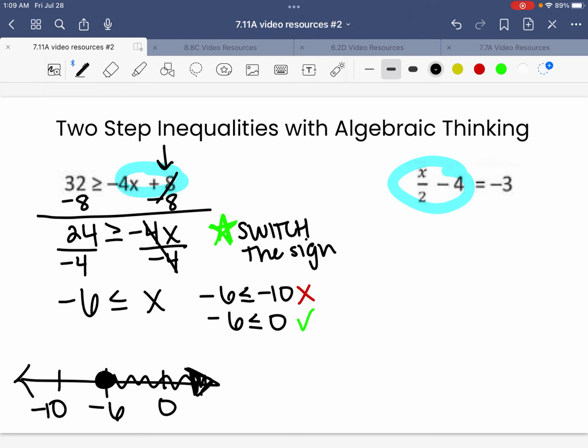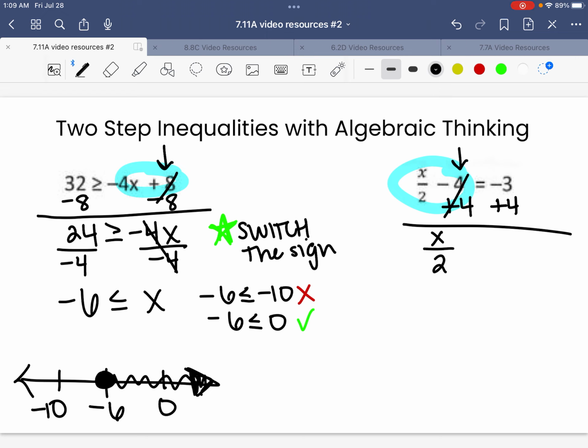I'm going to take a look at the constant of negative 4, and I want to create zero pairs. So to create a zero pair with negative 4, I will add 4 to both sides in order to maintain balance, and I am left with x divided by 2.